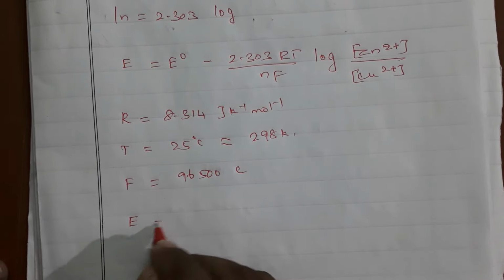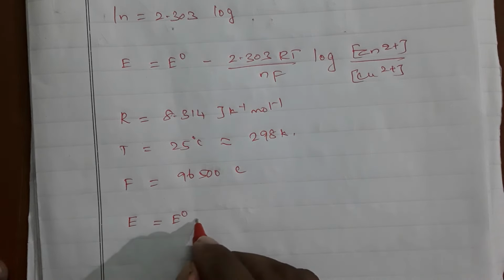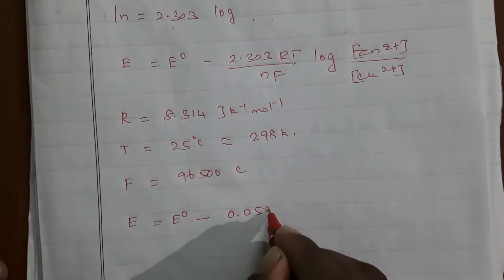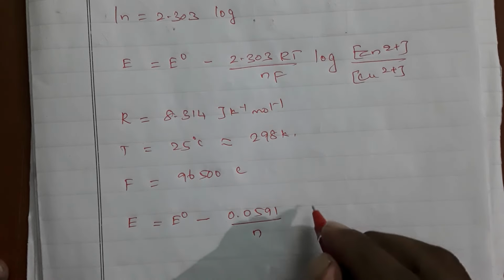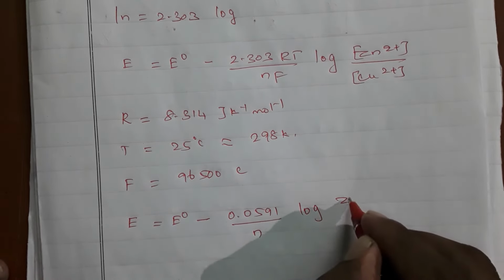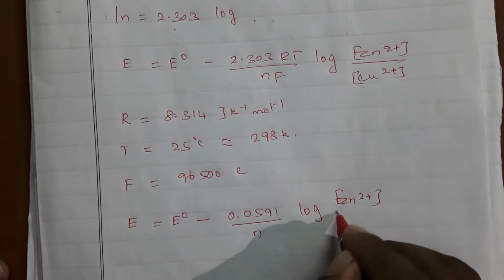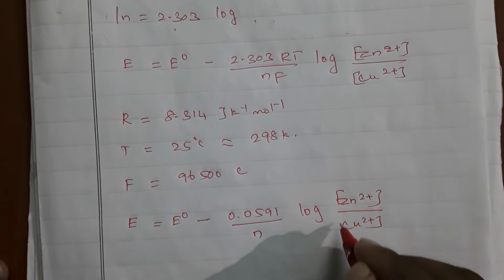Then E is equal to E naught minus 0.0591 by n, in general, log of zinc 2 plus by copper 2 plus.